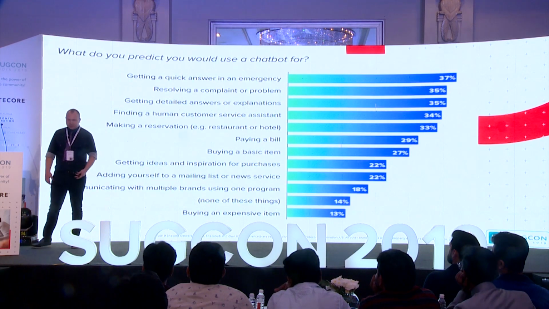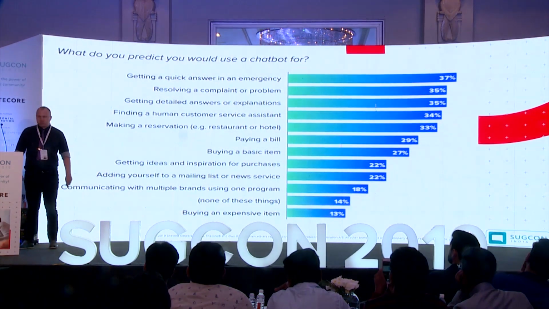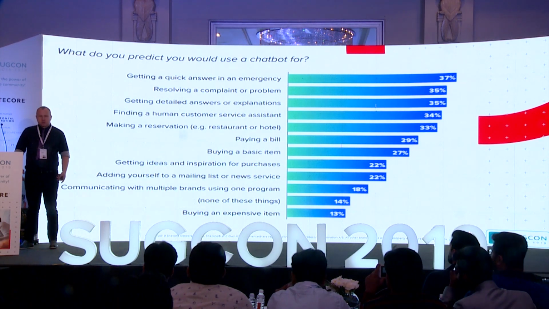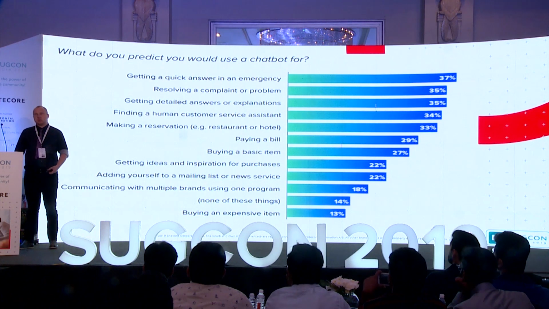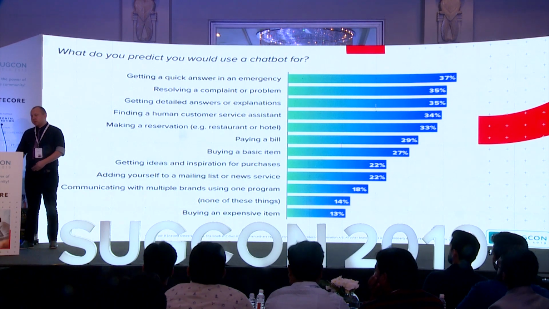User surveys say that many users prefer to use a chatbot when they would like to resolve a complaint or a problem on the site. In that case, you would do a search in the database for the known problems and present them to users. For getting detailed answers or explanations, you can do the search for FAQs.